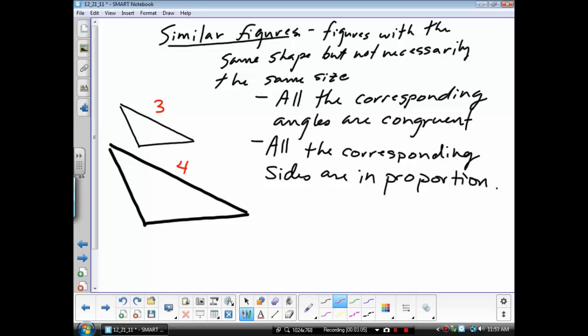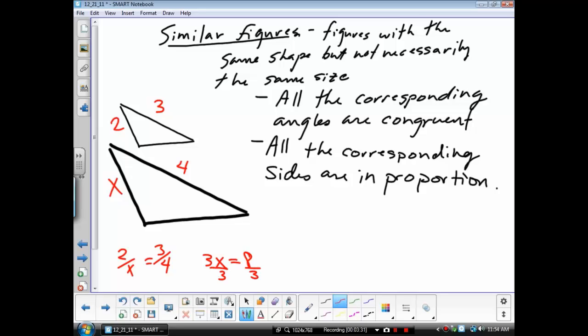So if this side right here is 2 and this side is unknown, we can find it using the fact that 2 will be to x as 3 is to 4. Then we cross multiply. So 3x equals 8. Divide by 3.